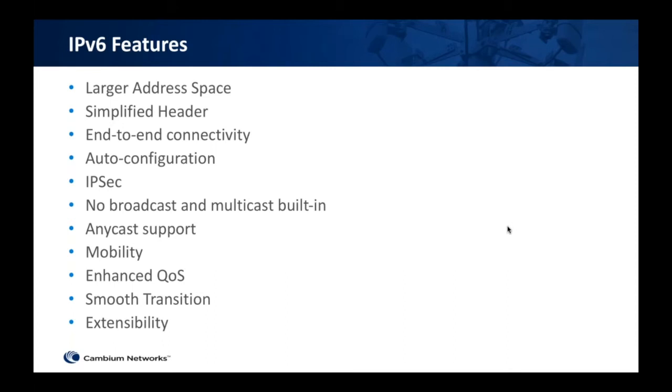First of all, it was simplified for the networking equipment, so it can forward IPv6 packets quicker and read, filter, and work with the IPv6 headers better and more efficiently. Another thing is end-to-end connectivity, meaning that we don't need any network address translation to connect all the devices, because any device can have its own unique IPv6 address.